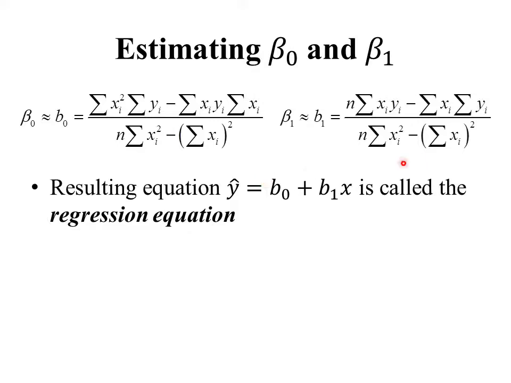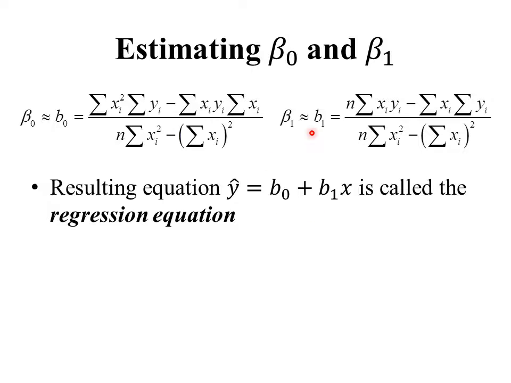And here's some formulas that we can use to estimate them. Again, don't let these formulas scare you because these formulas are built into Excel. Beta naught we're going to estimate with the number that we call B naught, which is given by this formula. Beta 1 we're going to estimate by a number we call B1, which is calculated using this formula.